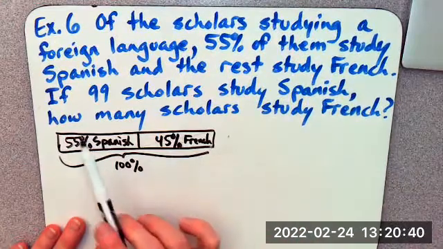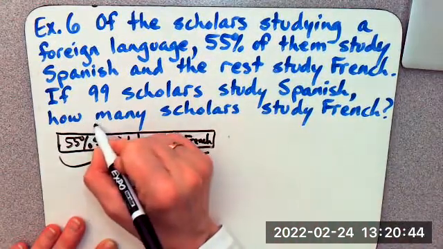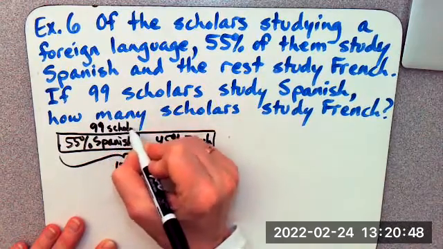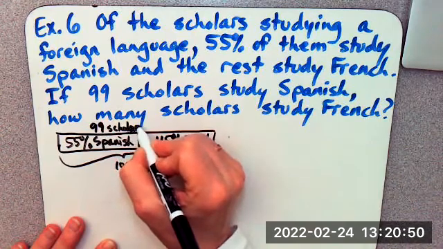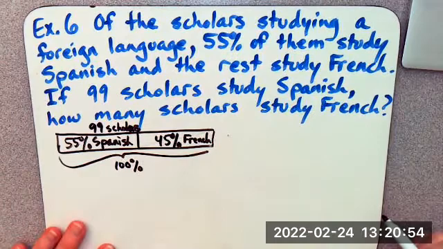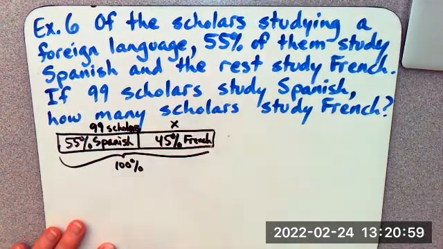All right, so if 99 scholars study Spanish, so we have 99 scholars here. How many scholars study French? So we don't know. Okay, so first we're going to have to find the total amount of scholars, aren't we?